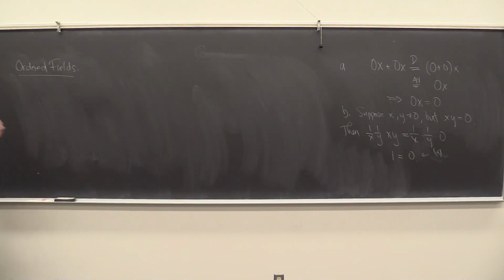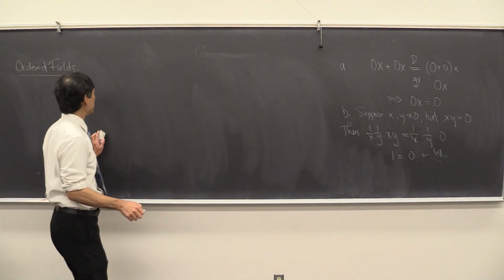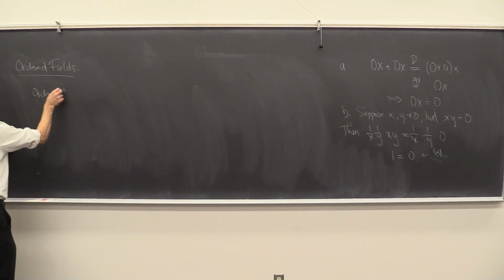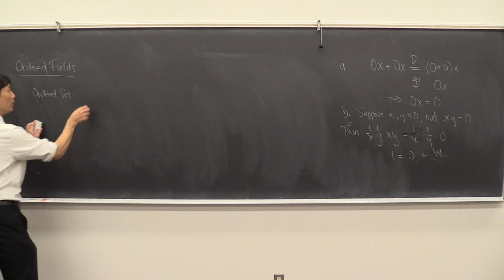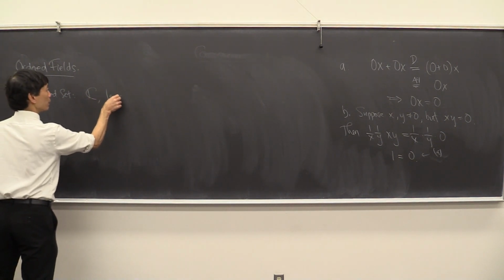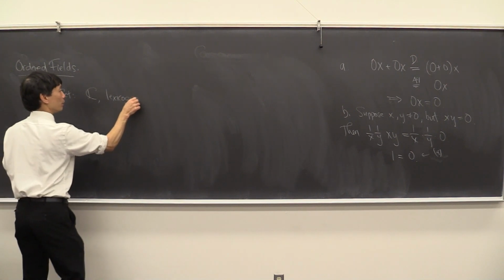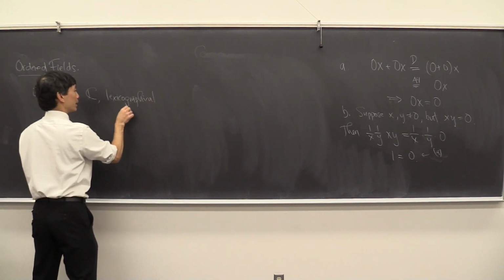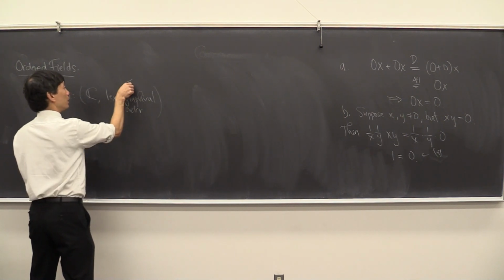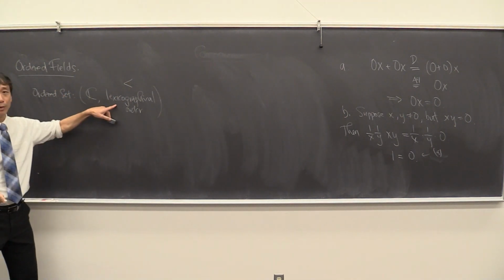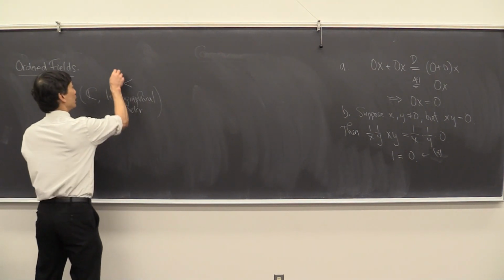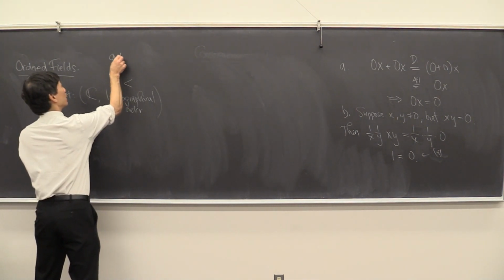Before we get there, let me give an example of an ordered set that I forgot to include, which is the complex numbers with the so-called lexicographical ordering. Okay. So by lexicographical order, it just means like the dictionary order. Okay, so like a dictionary.